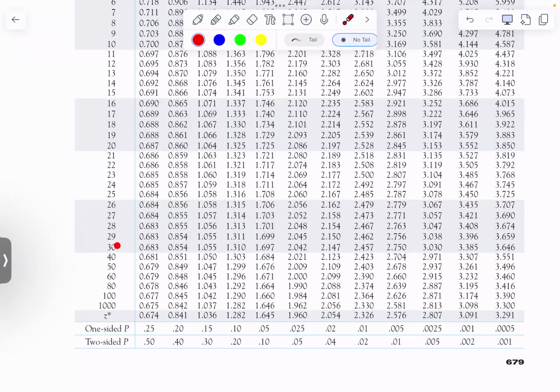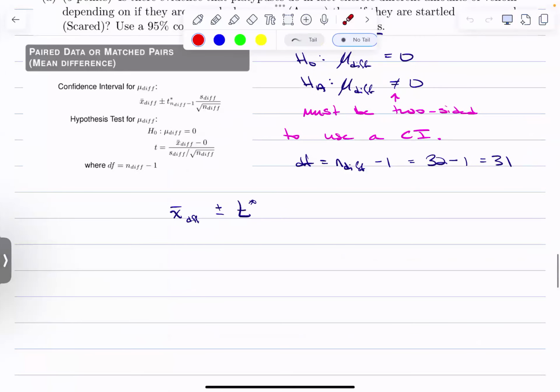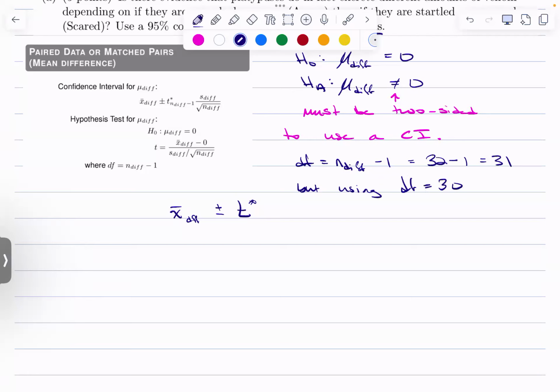If you go to 40, you're saying you have a larger sample size than you do, which implies that you have more reliable estimates than you actually do, and it's lying. So you go for 30 and you play it safe. You write that your degrees of freedom is 31, but using degrees of freedom equal to 30 in the table.